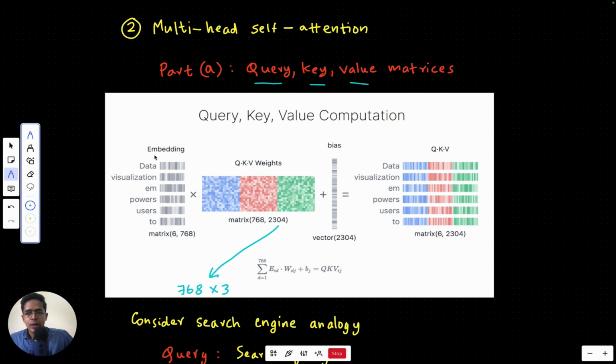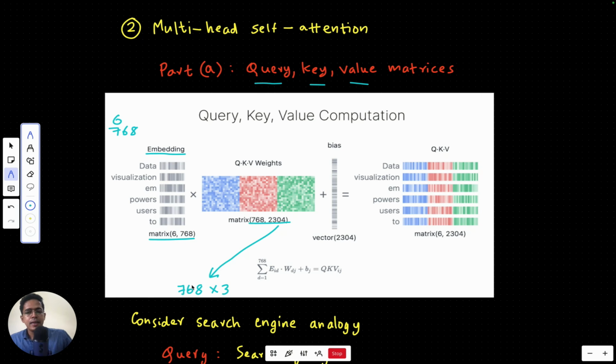So firstly, let us look at the embedded input. We had 6 words, and each word had a dimension of 768. So now this whole embedding of the entire input sentence, which had 6 words or 6 tokens, is represented by a 6 by 768 matrix. Now this is multiplied by another matrix called query key value, and the dimension of that matrix is 768 by 2304. Now you might be wondering, where is this 2304 coming from?